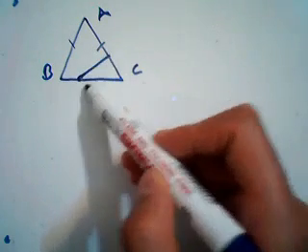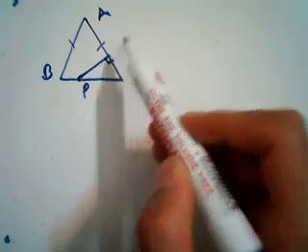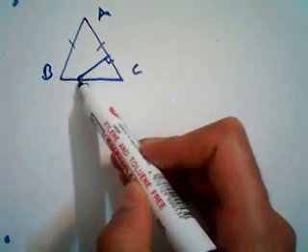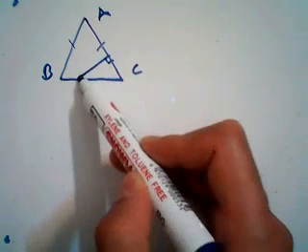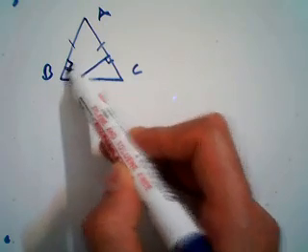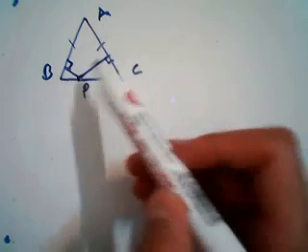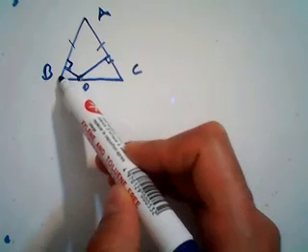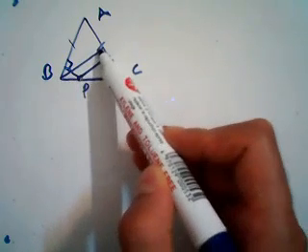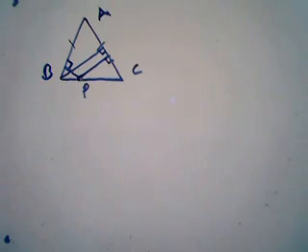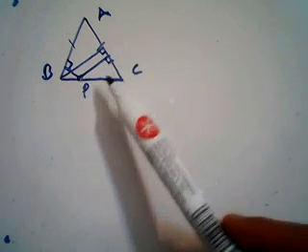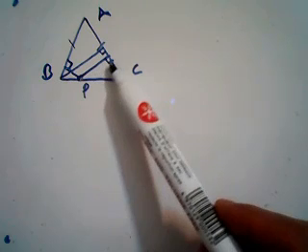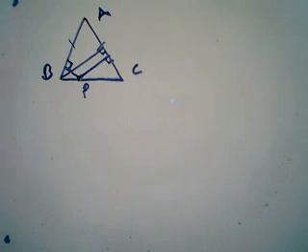The theorem says that the distance of this point from AC plus the distance of it from AB equals this altitude. And I mentioned before that the distance of a point from a line is the length of the perpendicular to that line.